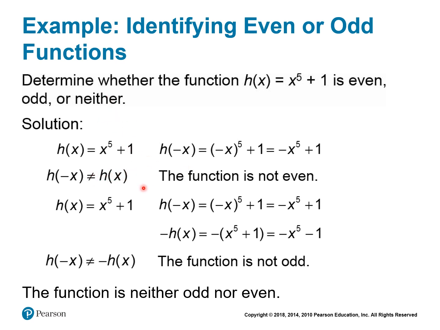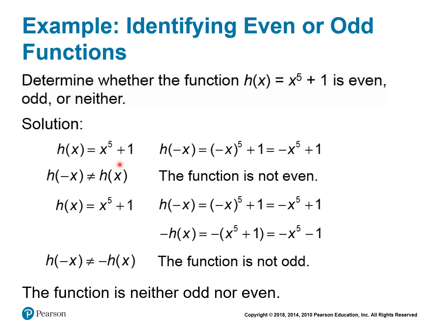Now we see if it is an odd function or not. We again substitute negative x and we get negative x to the fifth plus 1. But here we see that the sign changed for the first term, but it did not change for the second term.